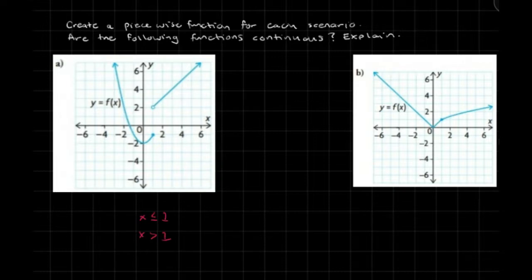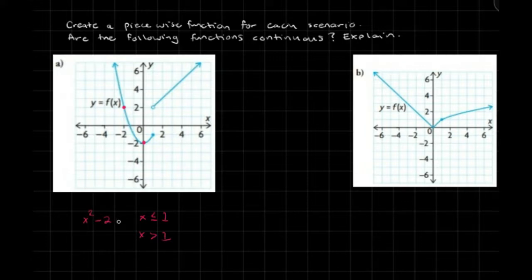So for the interval where x is less than or equal to 1, it looks like a quadratic function, right? And you can tell by plugging some points in. You'll get the point 0, negative 2, and the points negative 2, 2. A quick way to do this is, if you have 0, negative 2, we can basically do x squared minus 2. That would work, right?